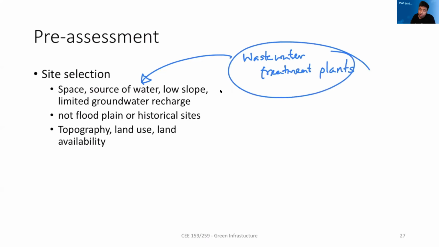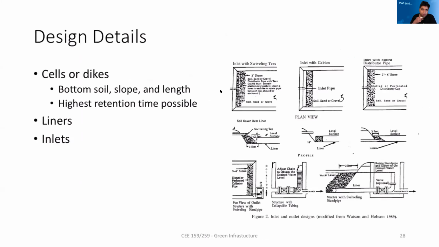Anywhere there is a wastewater treatment plant, this is a great way to start, because you have the effluent discharge. You just design the wetland to discharge the recycled water. The second thing is whether you will have a liner or not, based on whether you want to protect groundwater or not. This is equal to protecting groundwater.